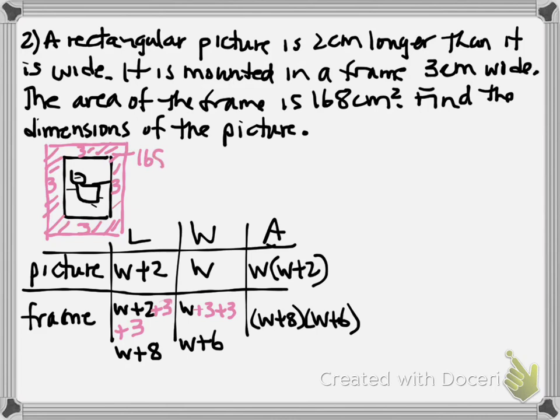That's your 168. So if we work from the inside out, we have the picture area, which is W times W plus 2, plus that additional frame area. That's going to equal the outer pink edge rectangle with dimensions of W plus 8 times W plus 6.